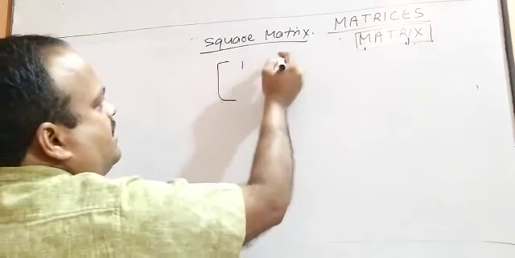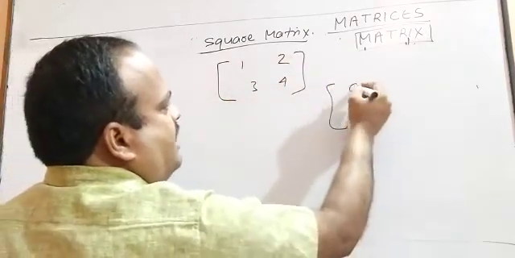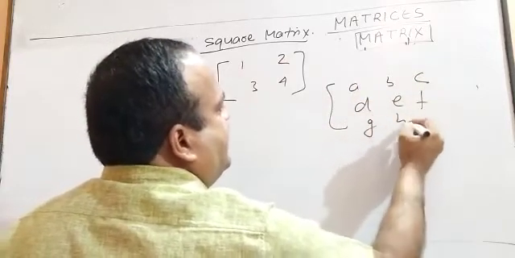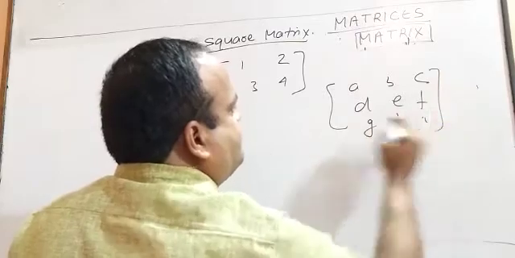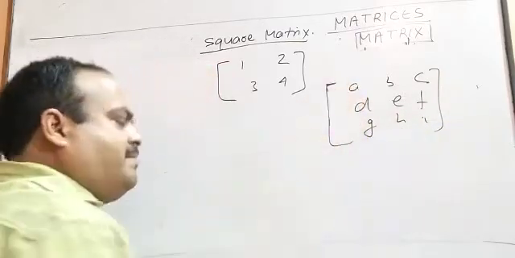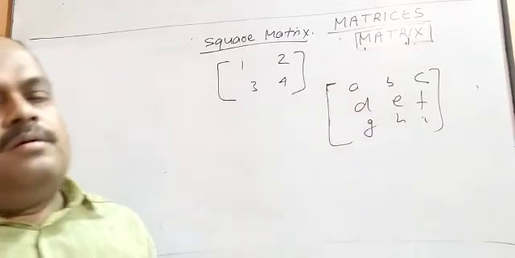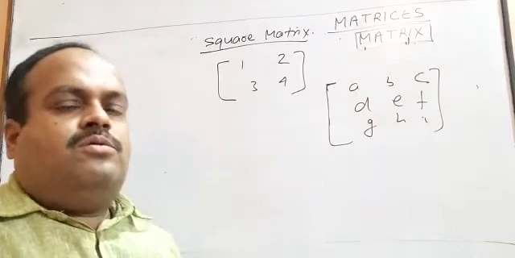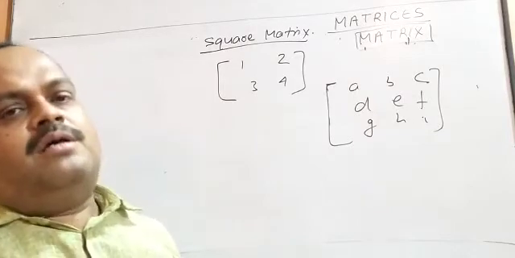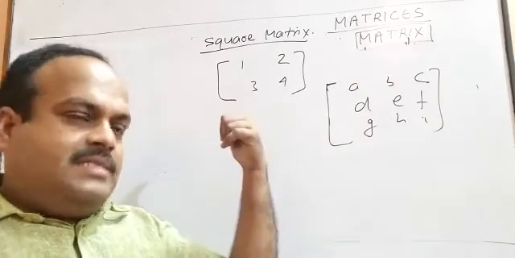Example: 1, 2, 3, 4; A, B, C, D, E, F, G, H, I. If in a matrix we have the number of rows and number of columns equal in number, then it will be called a square matrix.